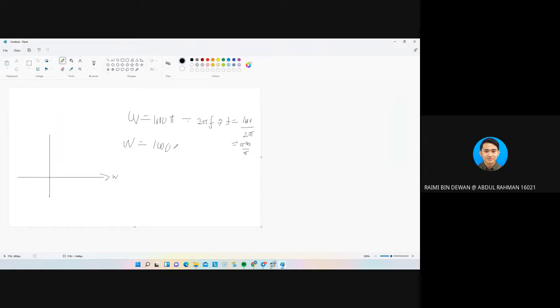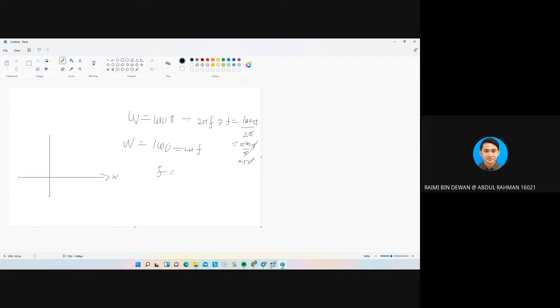This one is 1000 pi equals 2 pi f, f is actually equal to, sorry, here it is 1000 pi, so pi cancels out, so you have 500.